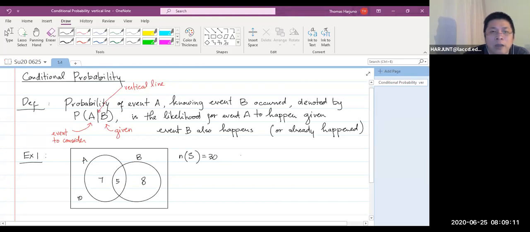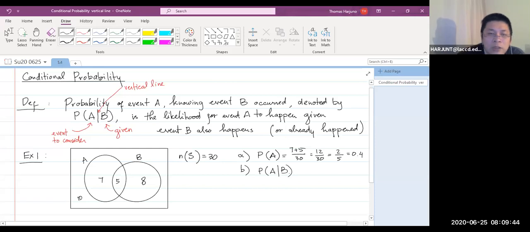So if I ask, for example, what is the probability of selecting A, that will be 7 plus 5 over 30. This is something we learned before. This is 0.4 in decimal. Now, what if I say probability of A knowing B?